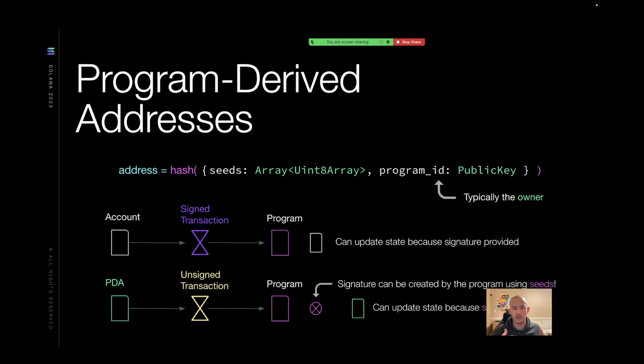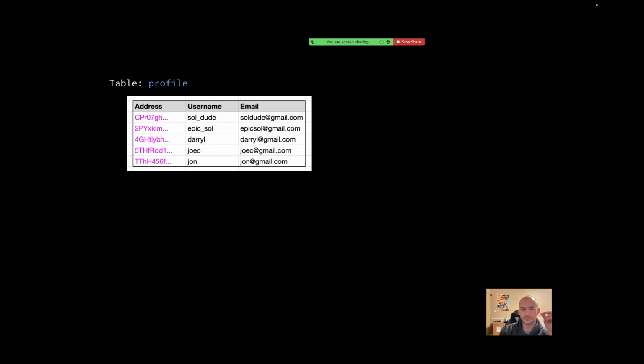The program can actually authorize changes to this account without any kind of private key signing for it. And those seeds are involved in that process as well. But the point is, you can basically have data that the program owns and can sign for, and then it can change completely at will whenever it wants. So, pretty powerful stuff.